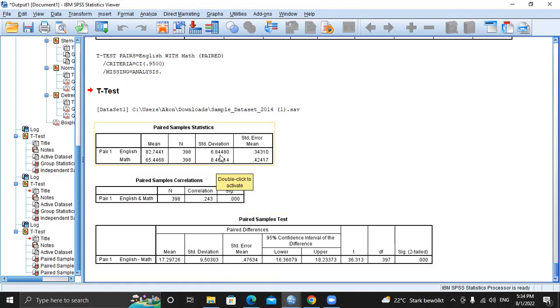So yeah, I can see that the standard deviation for English is lower, which means people perform closer to the mean in English than math.